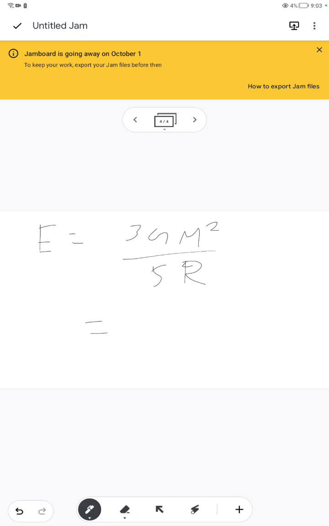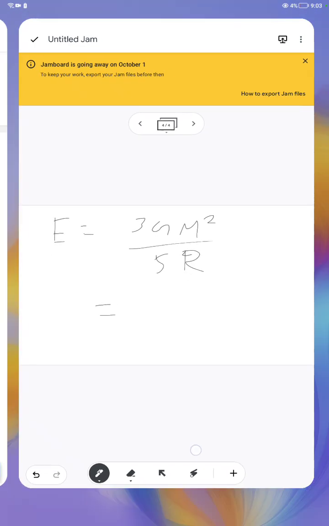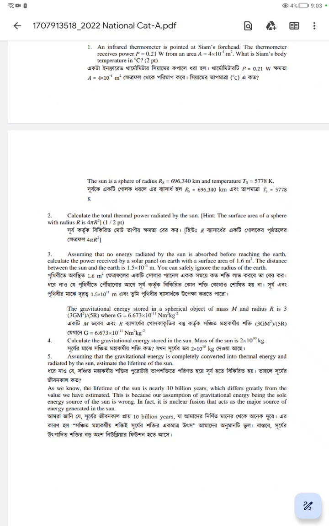So I can now just put that in the calculator. So 3 times G, which is 6.673 times 10 to the minus 11, times m square.